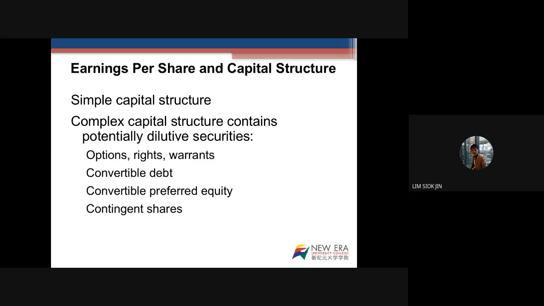So what it means is, yes, some people own the pizza, but before they can benefit from the pizza that they buy, before they can eat the pizza, they have to pay other people first. For example, who they borrow money from. They borrow money from Maybank.